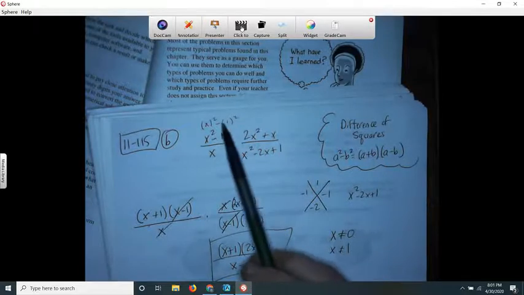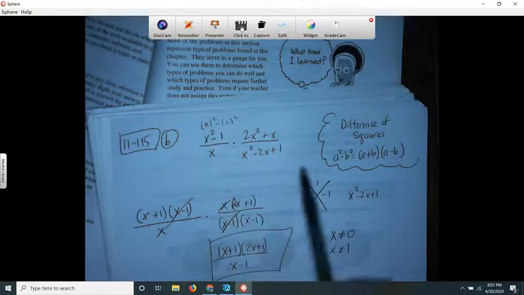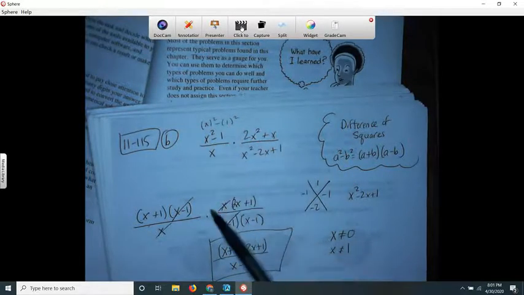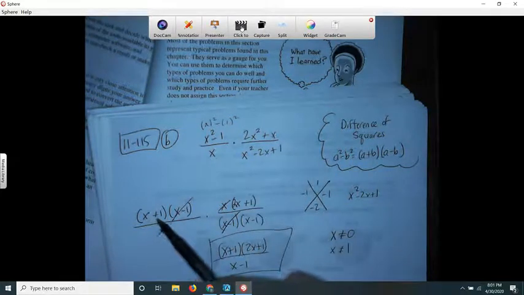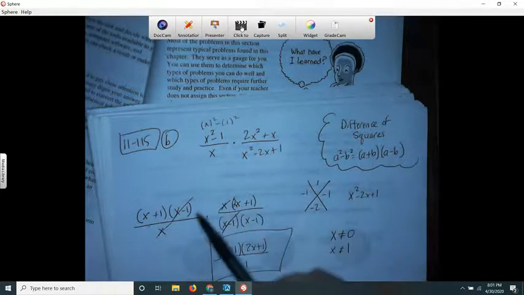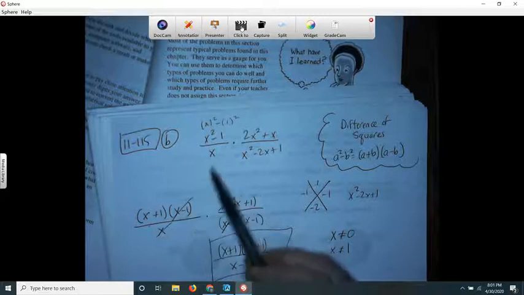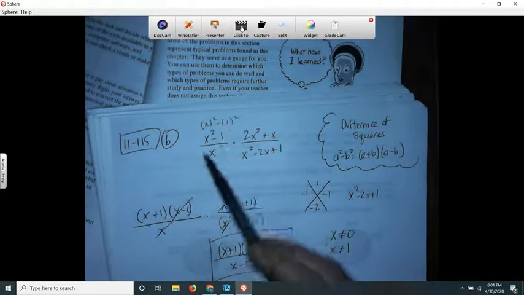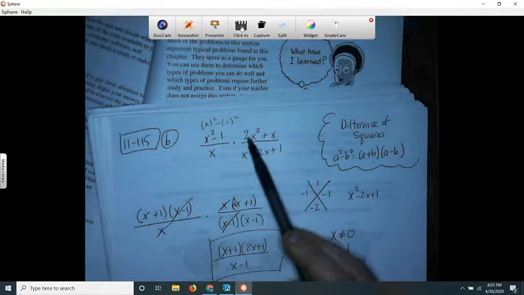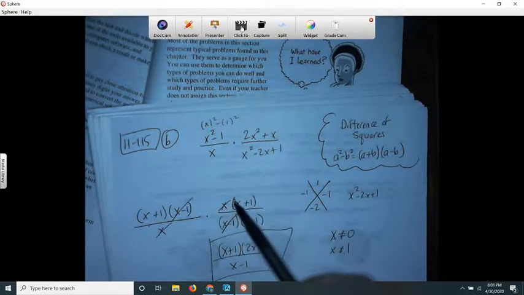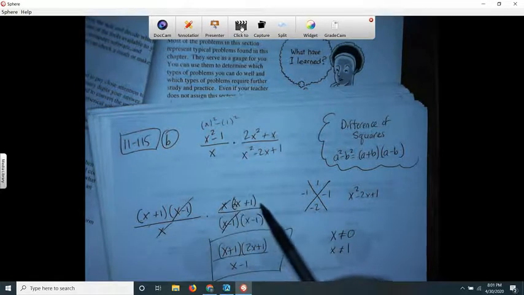So in this case, A is going to be x, and B is going to be 1. So I'm going to have x plus 1 and x minus 1 divided by x. So that's this first fraction. And then this one, I can factor out the common factor of x, and then I'll get x times 2x plus 1.